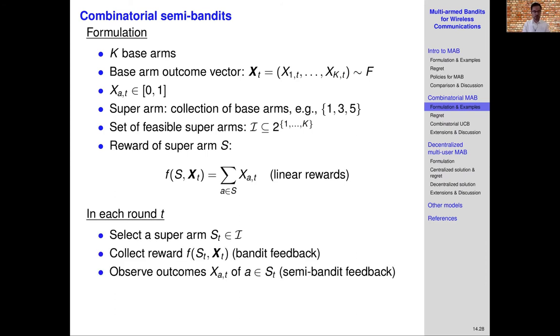So in each round, the learner selects a superarm from the set of feasible superarms. It collects a reward for the selected superarm. This is called bandit feedback. And it observes the outcomes of the base arms in the selected superarm, which is called semi-bandit feedback. The goal of the learner is to maximize the expected cumulative reward over rounds.